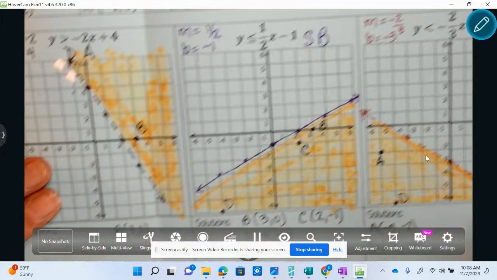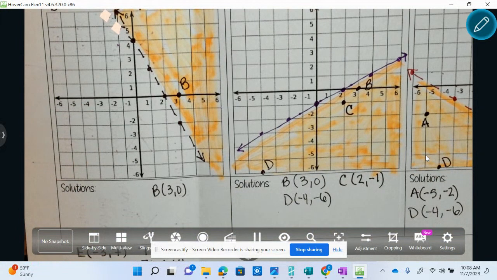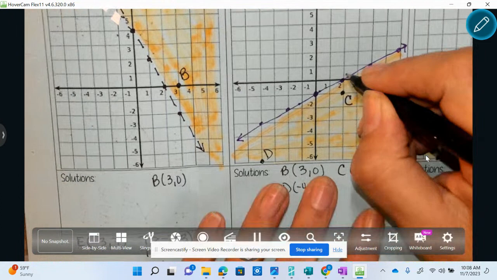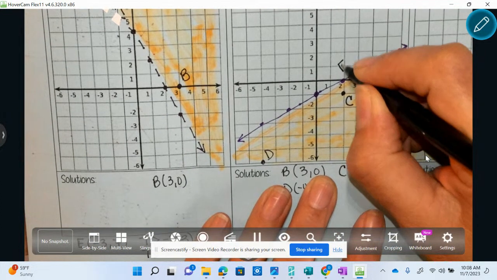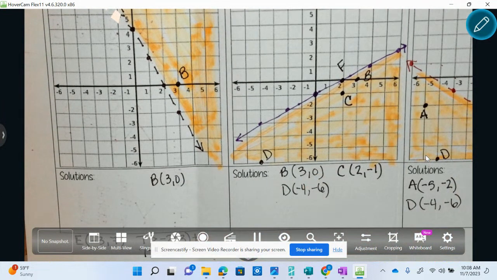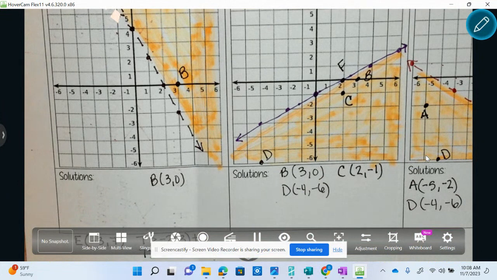What about point F, the ordered pair 2, 0? What about this? You think it goes in the first one? It's right on the line. Is that a solid line on the first one, or is it a dashed line? So it doesn't belong there, right?